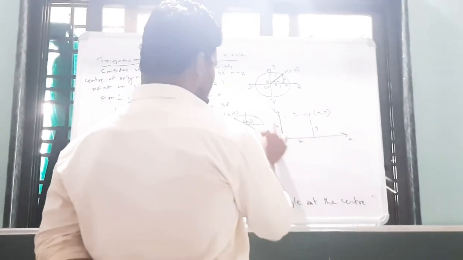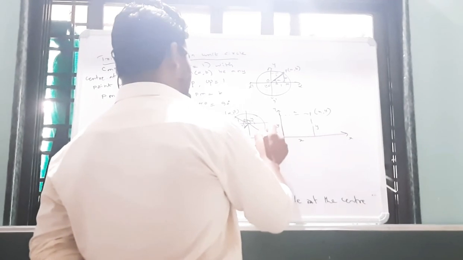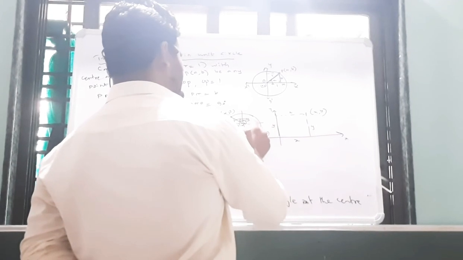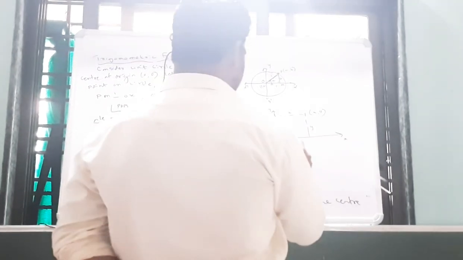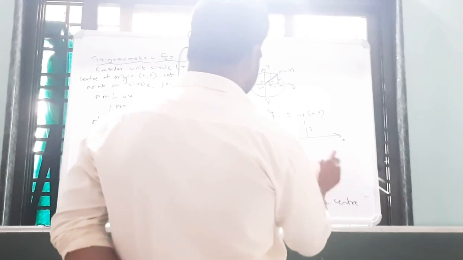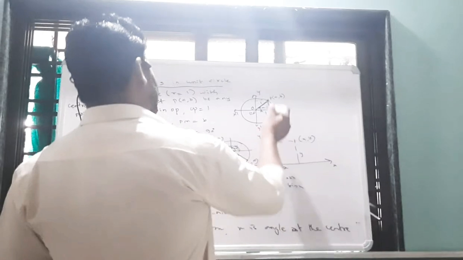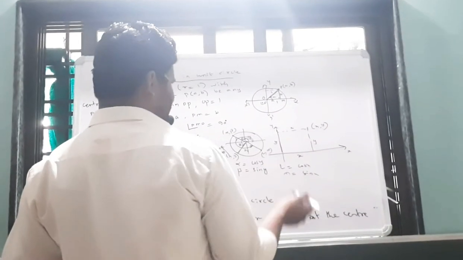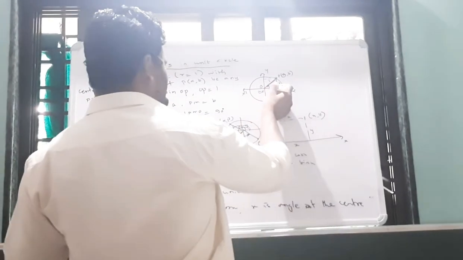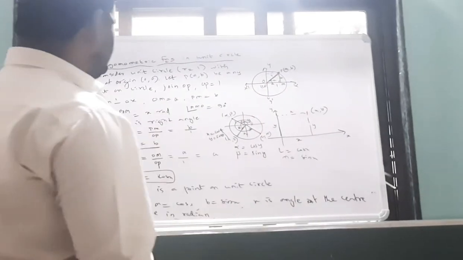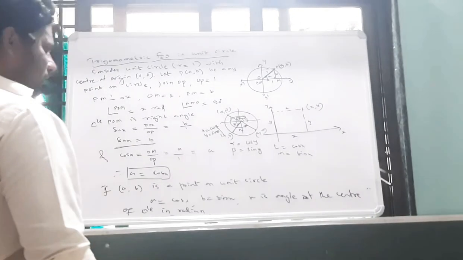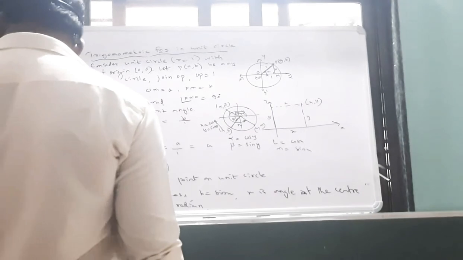If I take the point L comma m, with this angle x, then L is equal to cos x, m is equal to sin x. The x coordinate is cos x and the y coordinate is sin x. So A is equal to cos x, B is equal to sin x, where x is the angle at the center of the circle in radian. This is the definition of cos x and sin x on the unit circle.